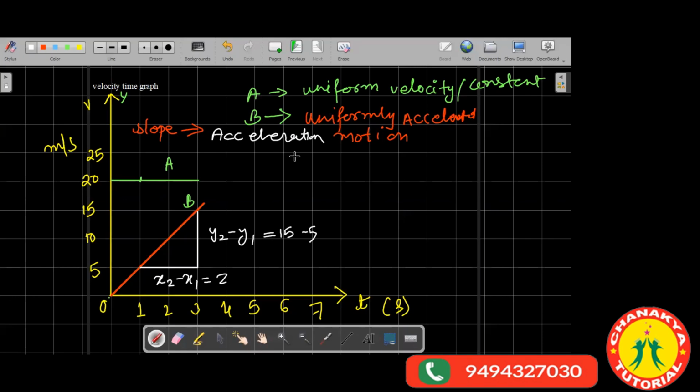Anyone having doubt? Who cannot find out what the acceleration will be? Akshara, what will be the acceleration in this question? Yes, Akshara, can you tell what will be the acceleration?